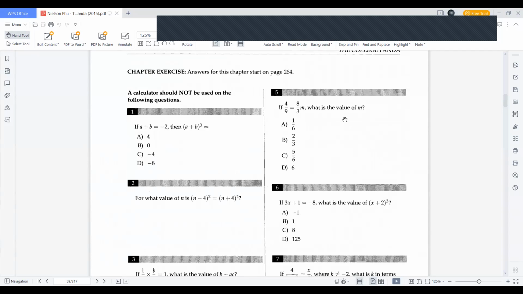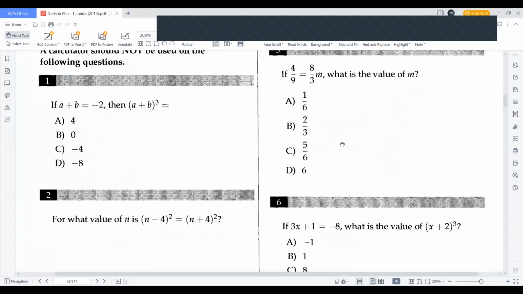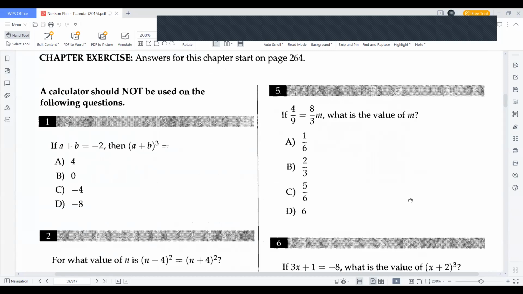Given that it's multiple choice, can you tell what m is right off the bat by just looking at this question? Which one of these could possibly be m? What do you think? Answer choice 2 over 3? 2 over 3 could possibly. I'm just guessing. Or 1 over 6.